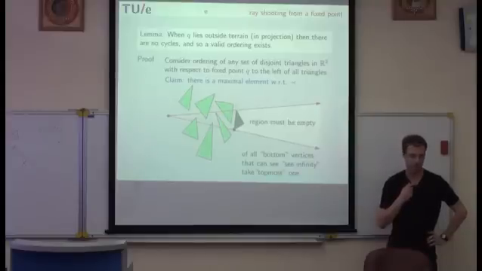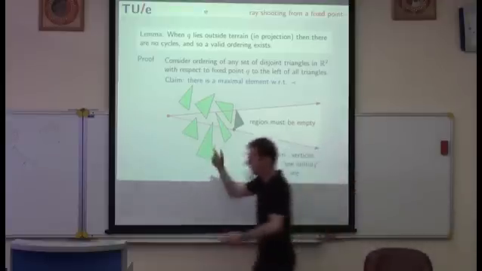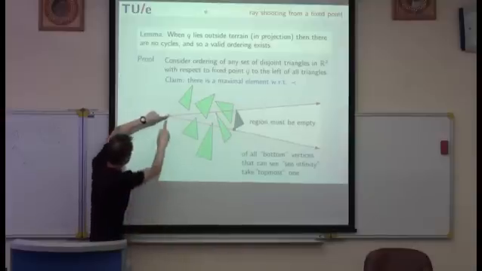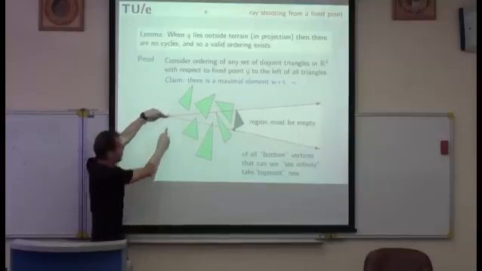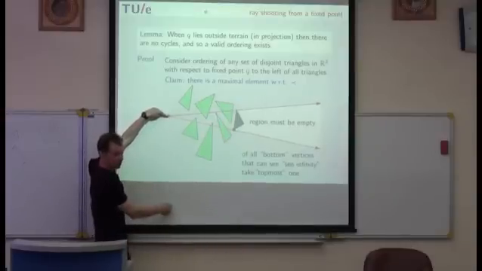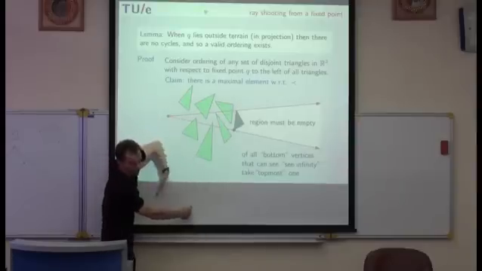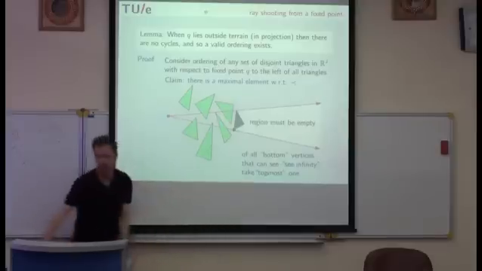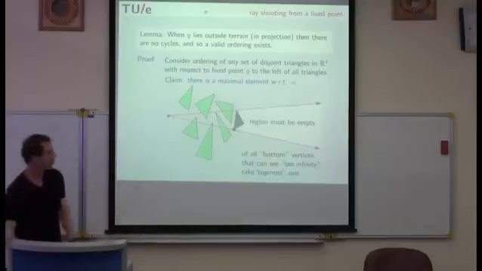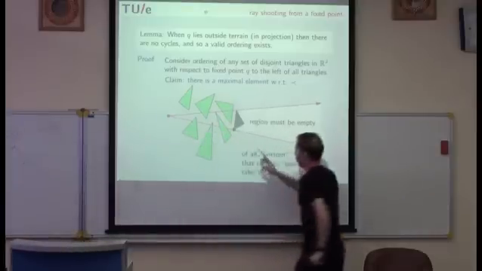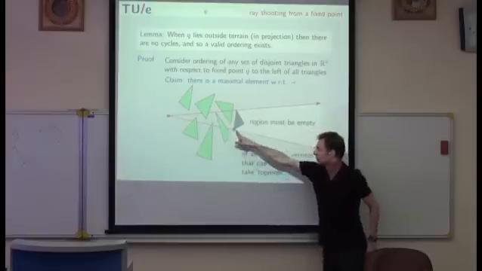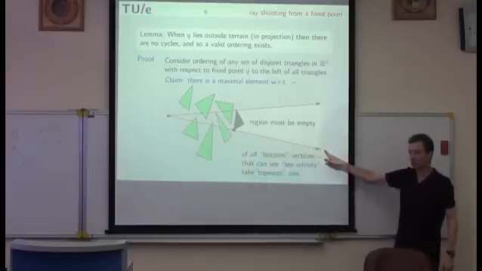Why is this? The very first one, right? If this is to the left of all the triangles, then this doesn't intersect anything. I rotate until I hit the first one. Then this is the first time you encounter a triangle, so this definitely doesn't hit anything. So I know that there's at least one such vertex that can, let's say, see infinity.